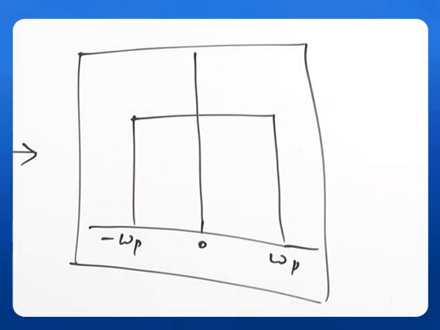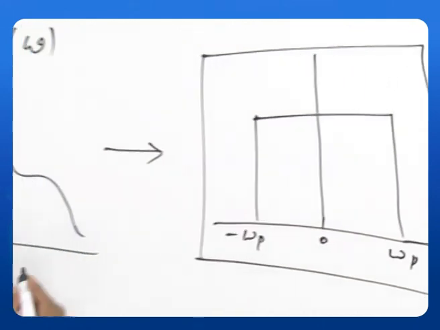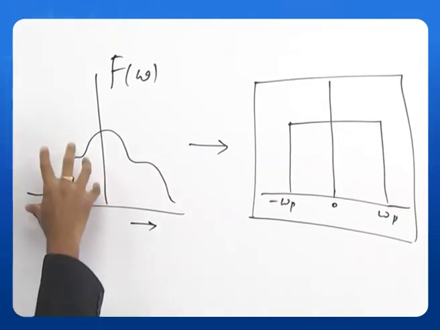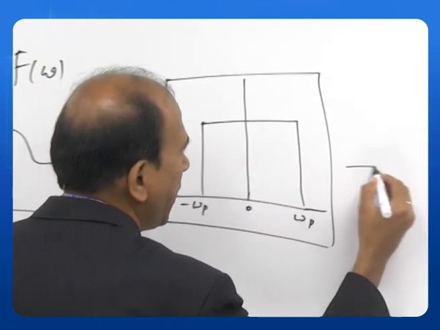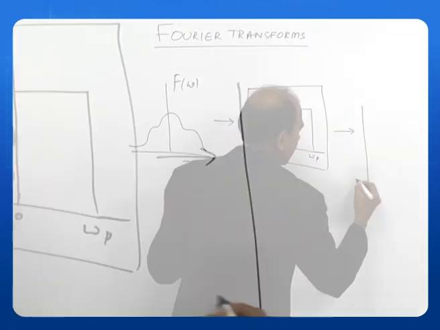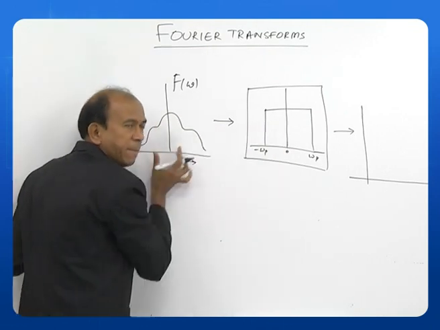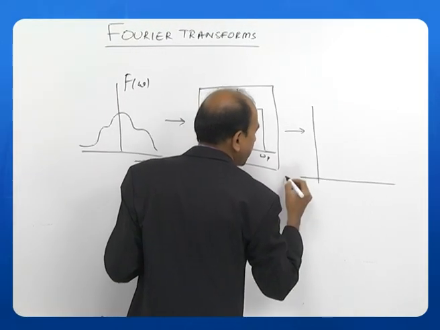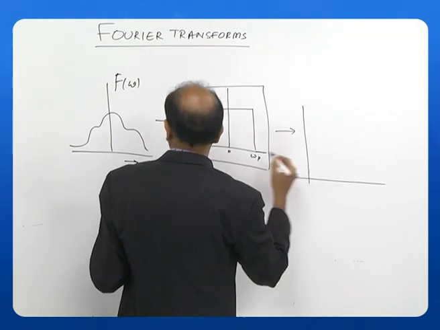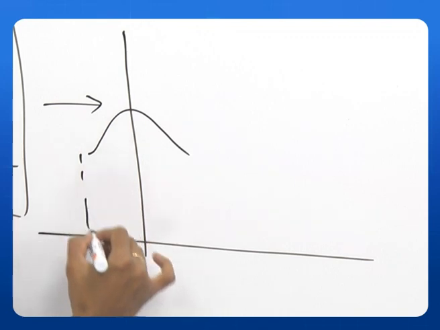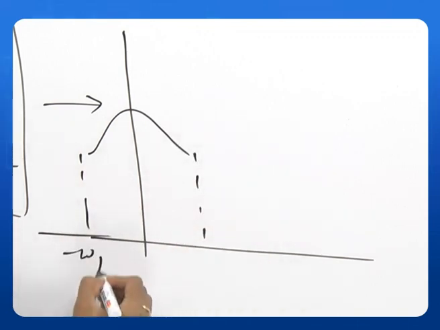When this is passing through, this is also the frequency domain, isn't it? So, when this passes through this, the output will be that part which actually falls in the same band. So, I will get a response something like this. Let us take only the top here. Let us say this is from minus omega p to plus omega p.